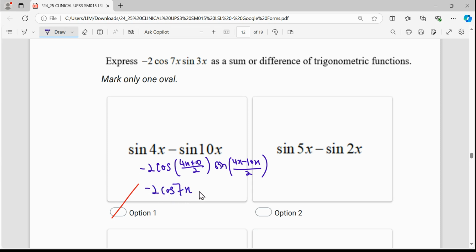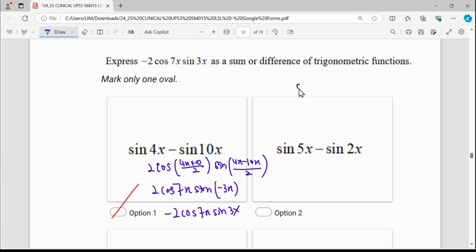So 7x, and then this is negative 6x over 2, which becomes negative 3x. So sine minus sine is positive 2. Then the negative angle is taken out, it will be negative 2 cos 7x sine 3x. So therefore we will have this as an answer.